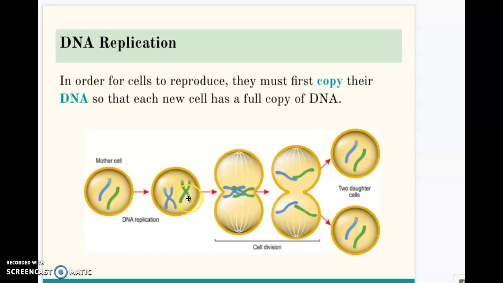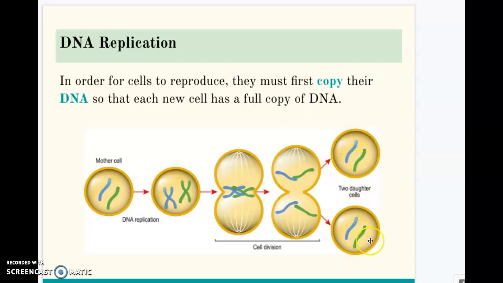Now these chromosomes look like X's because they are replicated. Each half of the X is an exact copy of the other half of the X. Then this cell can grow and split into two, and the copies of the blue and green chromosomes are going to split up so that each of the new daughter cells has one blue and one green chromosome.